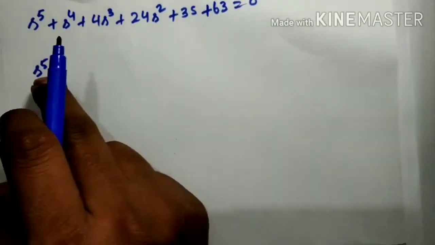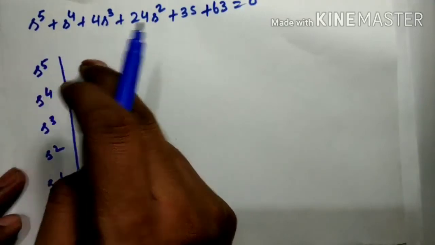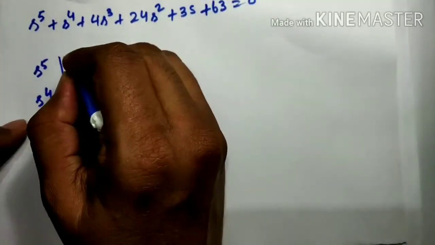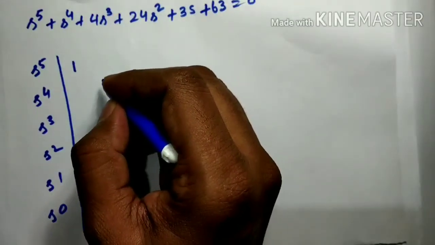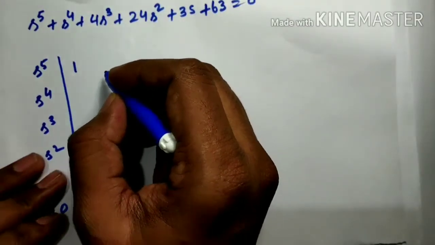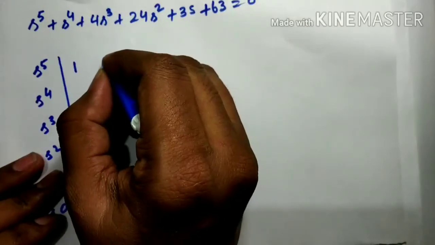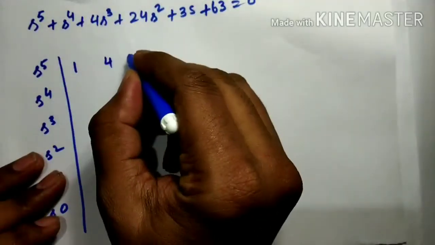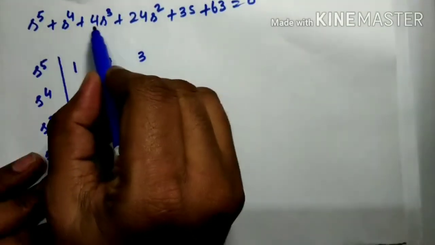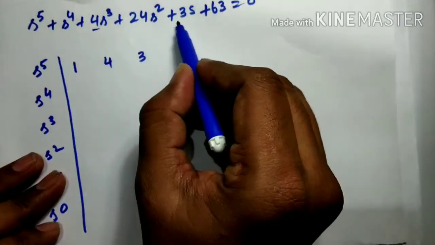What are the odd power coefficients? Here is 1, 1 4, and here is 3.